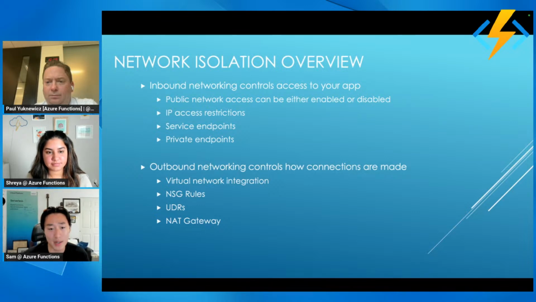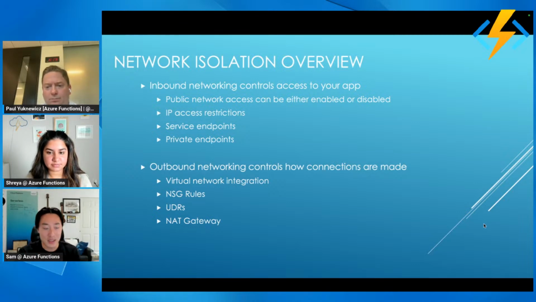So first, going to inbound networking controls, most Azure resources have a property called public network access. And the values can be either enabled or disabled. When the access is enabled, what that means is anyone can access that endpoint. And if they're authenticated, they can access the data. And so when your public access is enabled, what you want to do is add different layers of security.